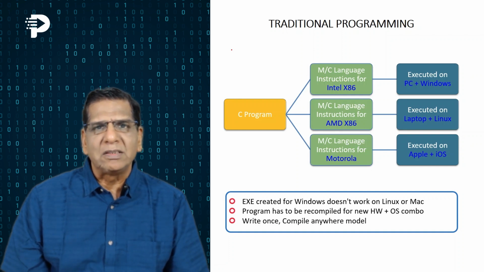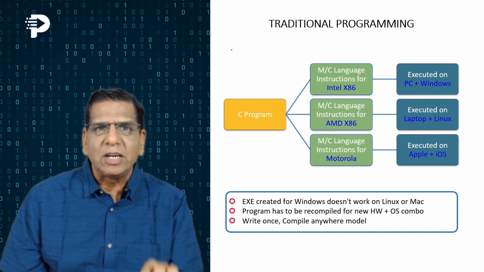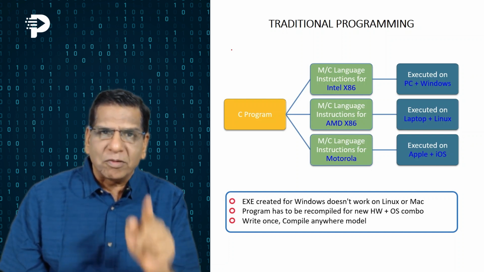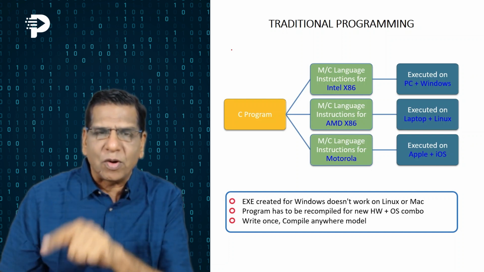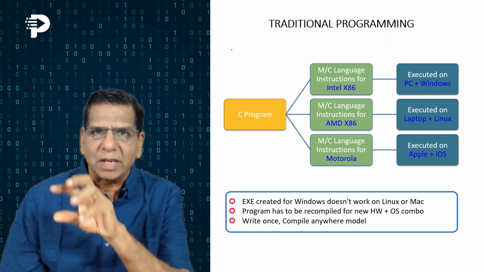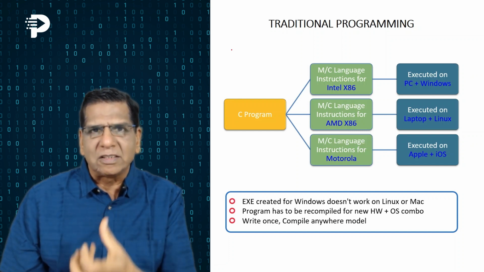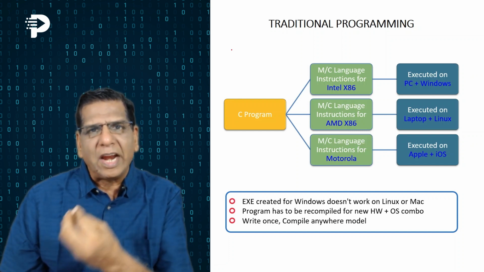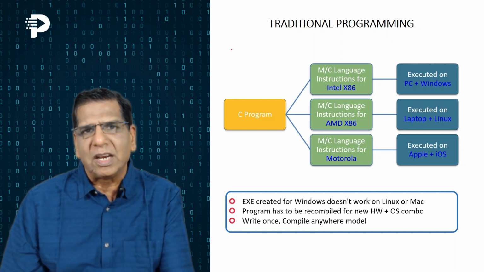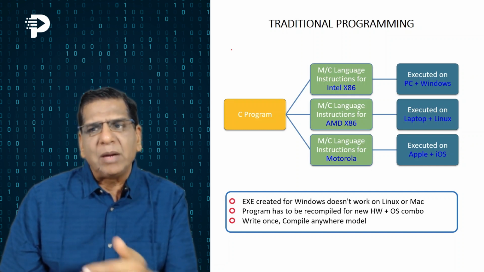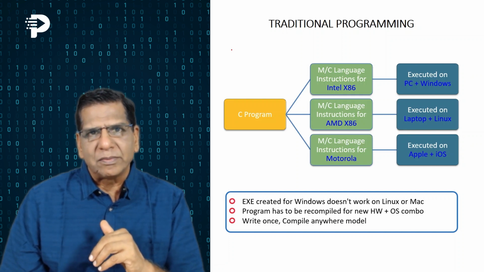What do we mean by this? It means that you are required to write the program only once. But once it has been compiled for a particular platform, that same compiled code will not work on another platform. The machine language instructions created for Intel and Windows combination, those machine language instructions will not work for AMD and Linux combination.